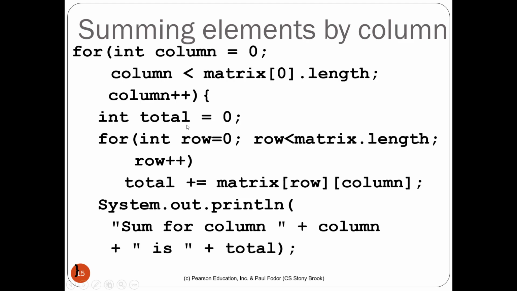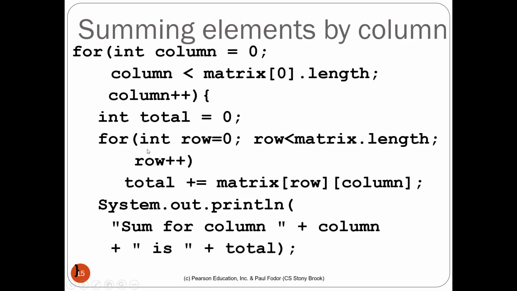Okay, so if you have 10 columns, it will result in 10 summations being computed, and each summation is for one column. So for that reason we will initialize total to 0 in all the columns. Okay, so we have that 0 for the first column. Now how do we take care of every element in the first column?